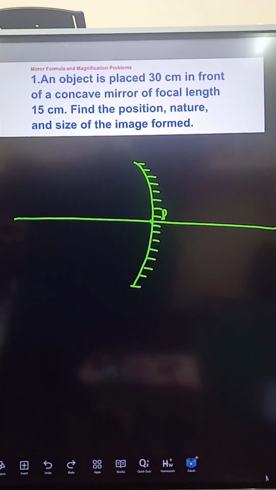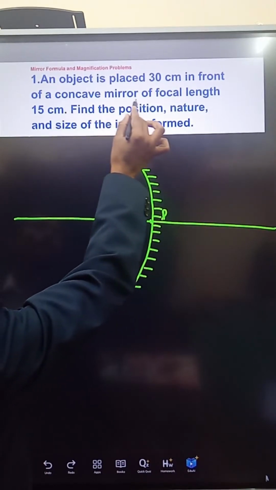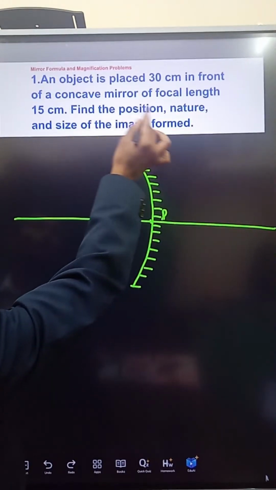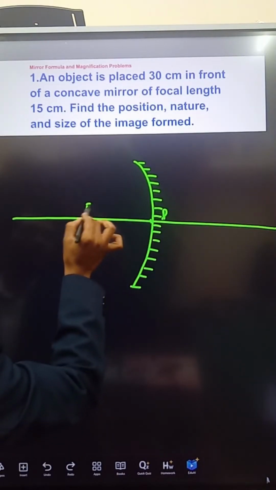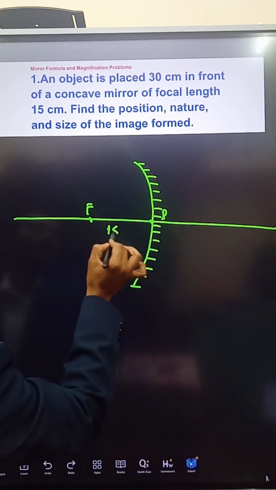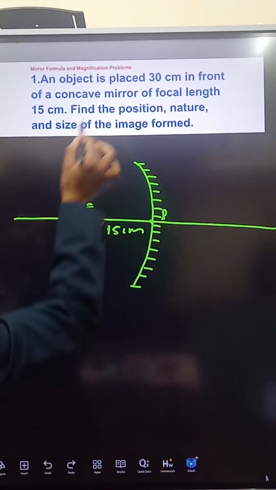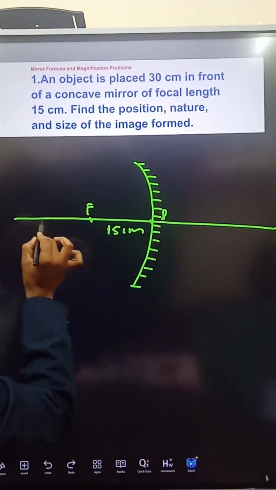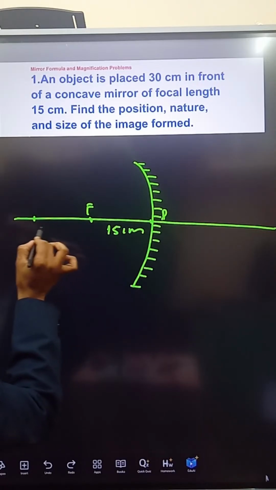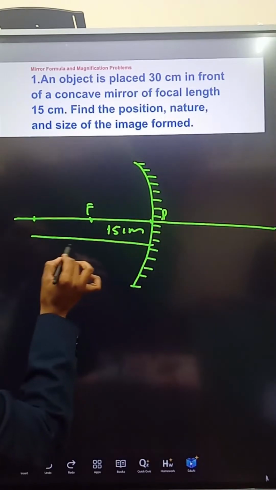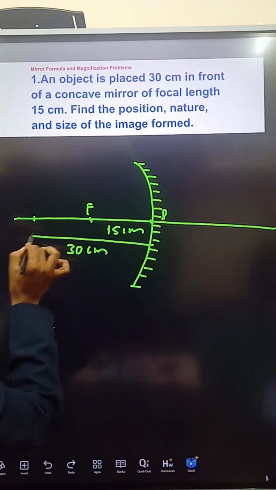The center is the pole of the mirror. Now an object is placed at 30 centimeter in front of a concave mirror of the focal length they have given. Focal length means this is f. F is 15 centimeter, right? And the object is placed at 30 centimeter, double of this distance. From here to here, the object distance is 30 centimeter, right?